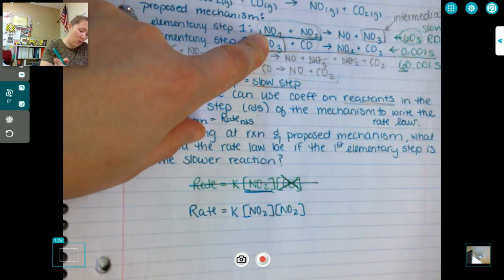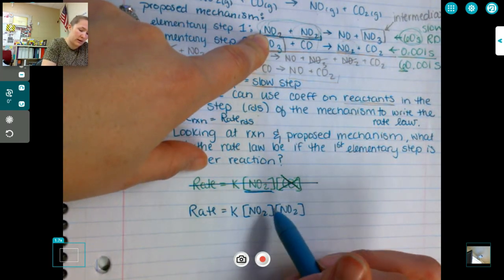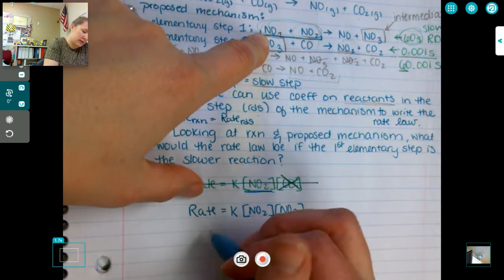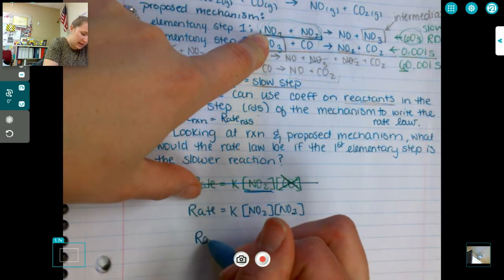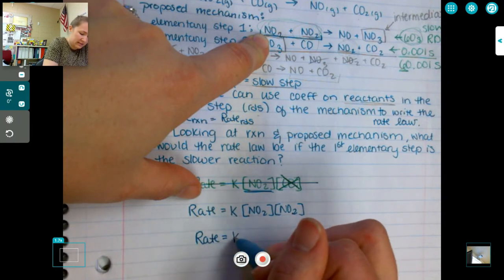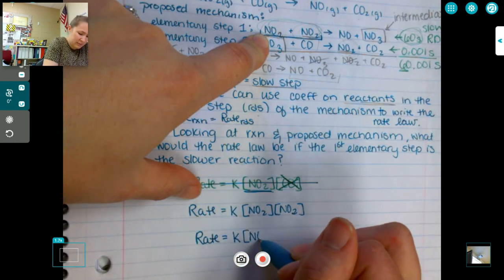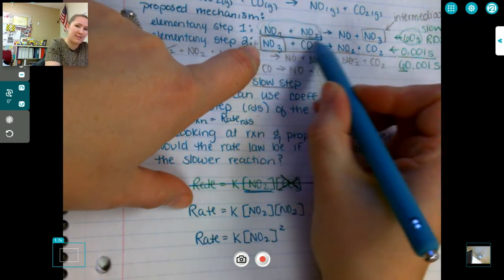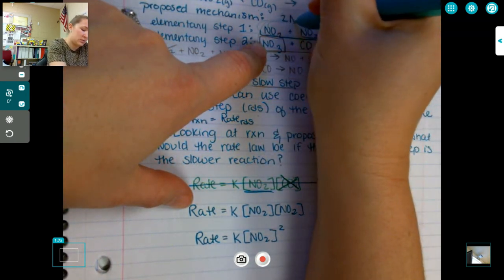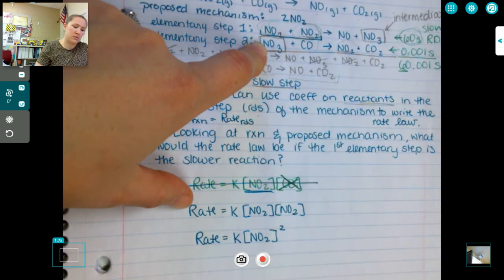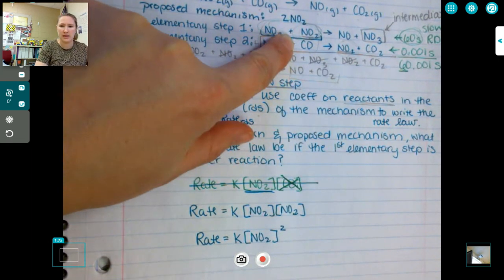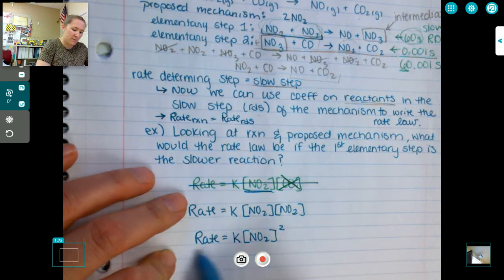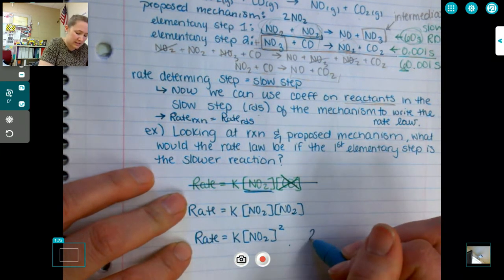Okay? Or I can simplify this more. Something times itself is that squared. So I could say, furthermore, the rate of my reaction is k times [NO2] squared, right? Because I could rewrite this as 2 NO2, because I could combine them because they're like terms. So this is the rate of my overall reaction. So my reaction is second order.